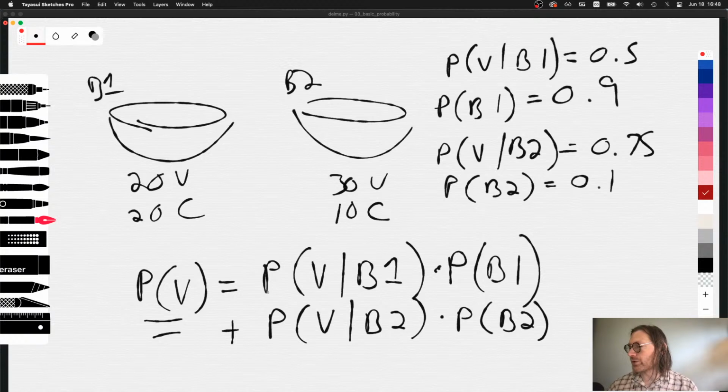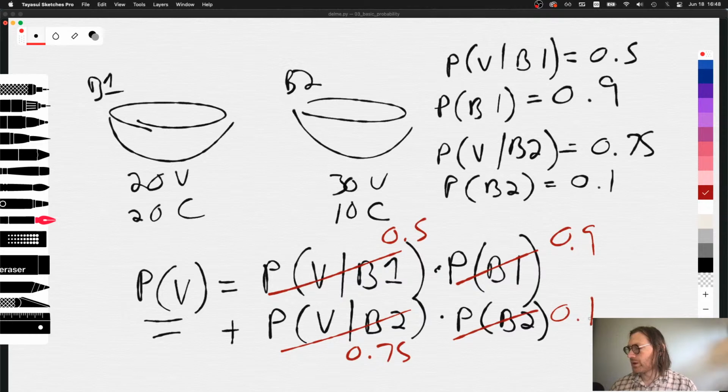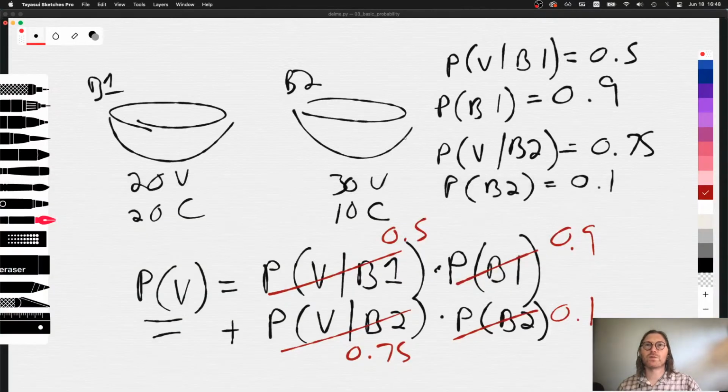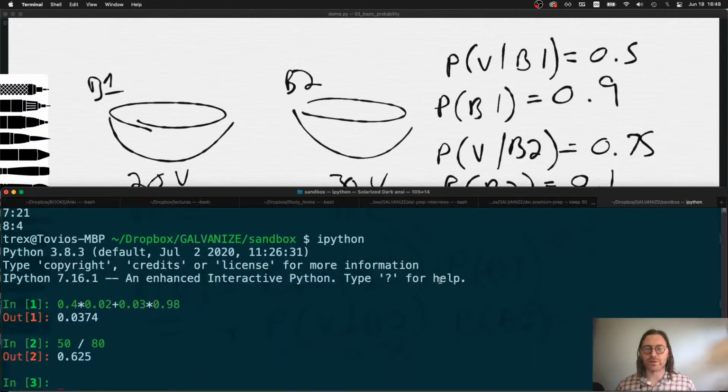And bowl 2 is much smaller, so we're less likely to reach into it. And if we work through this again, that's 0.5. This is 0.75. Bowl 1 is 0.9, and bowl 2 is 0.1. And if I throw that into a calculator, we're going to get a very different answer, right? Let me make sure I can see this. 0.5 times 0.9 plus 0.75 times 0.1.